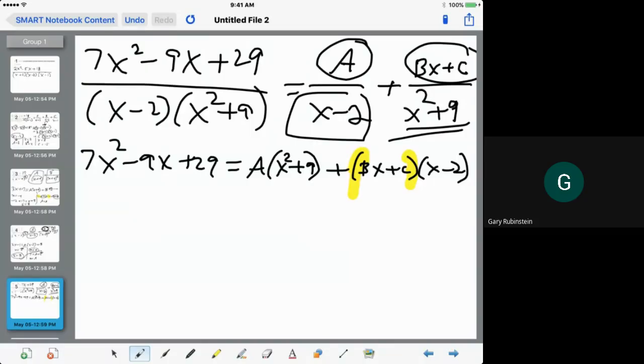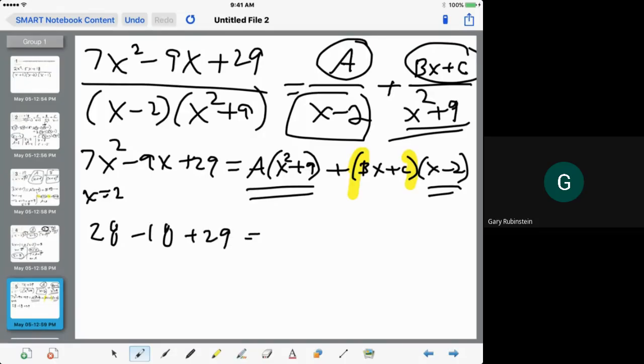And that's right. If I plug x equals 2 in, I end up getting the value of a, because this x minus 2 would become 0. So when I plug 2 in, I get 7 times 4, which is 28, minus 18, plus 29, equals a times 2 squared plus 9.